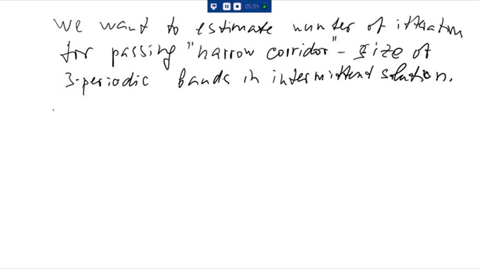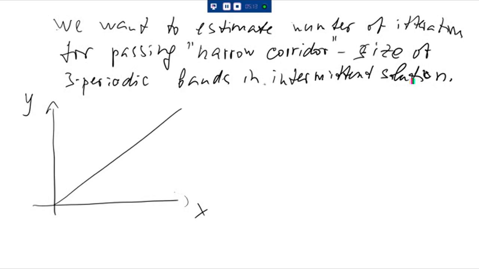So I will plot again, even in a smaller scale, what we had. So this was x, this was y, this is the diagonal line, and this is our function f.